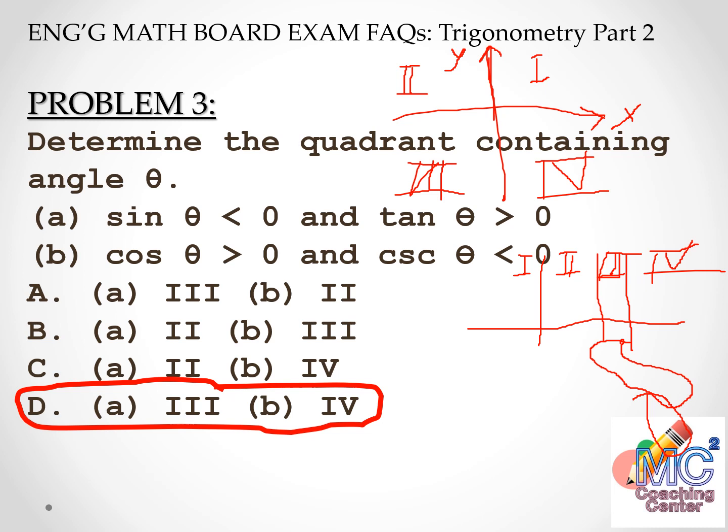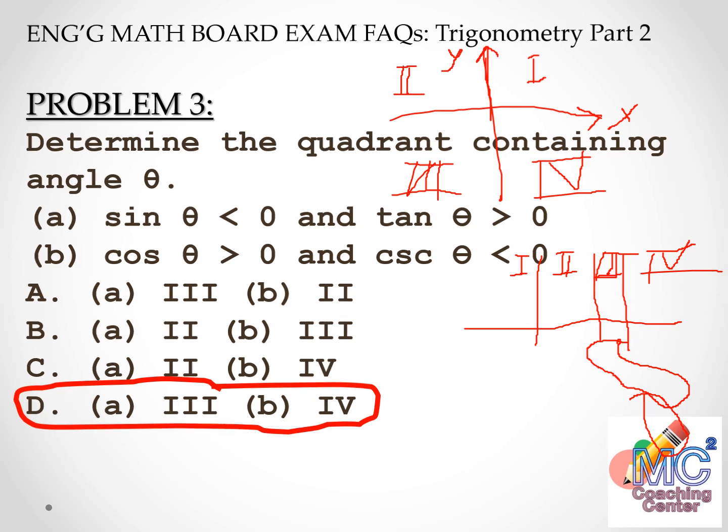So therefore, either the third or the fourth quadrant negative si cosecant. So therefore, positive si cosine, negative si sine or si cosecant, therefore that is the fourth quadrant. Okay? So yun lang for trigonometry part 2.